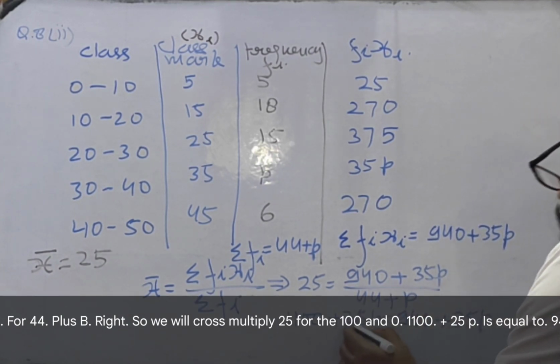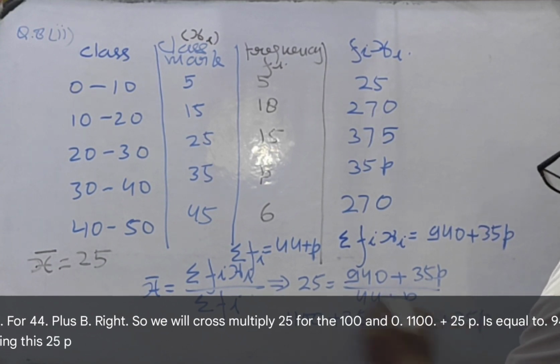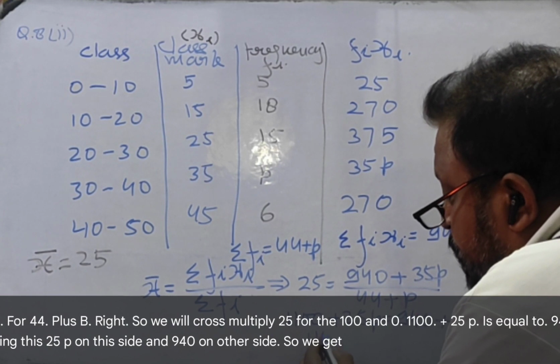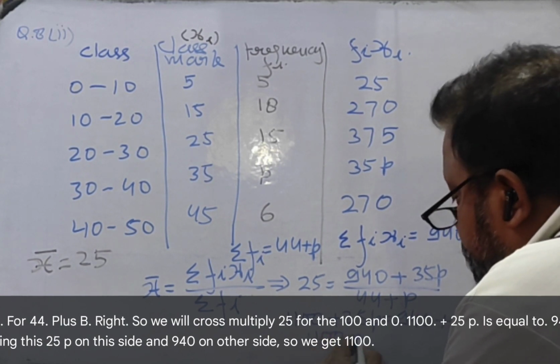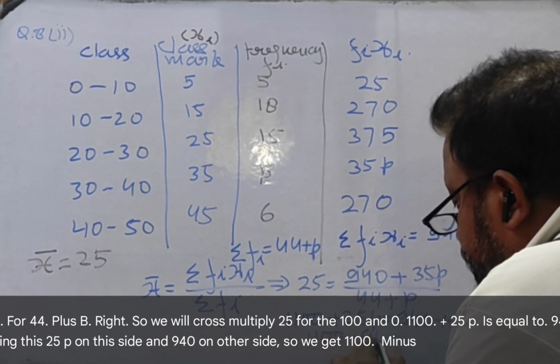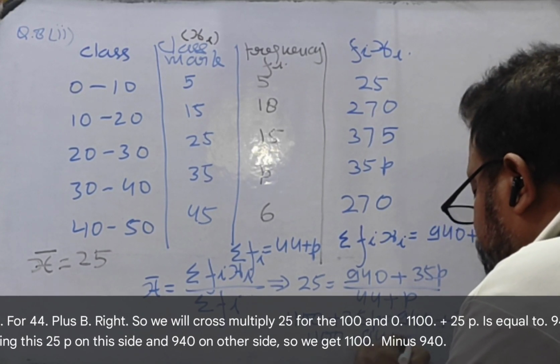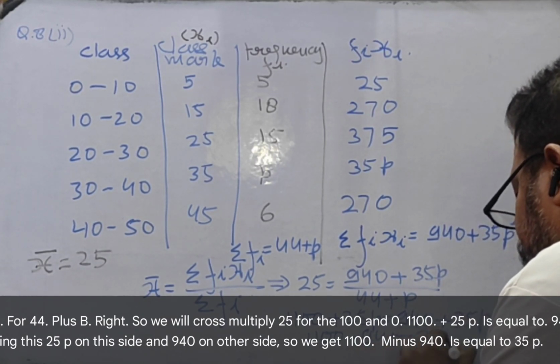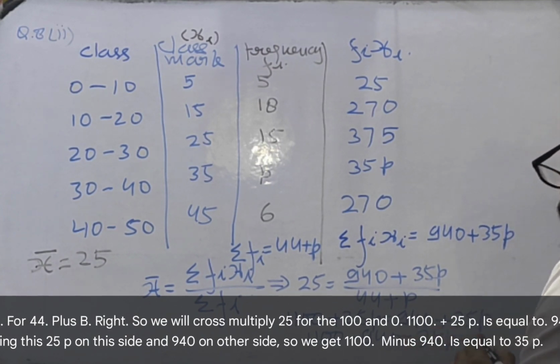Now bring this 25p to this side and 940 to the other side. So we get 1100 minus 940 is equal to 35p minus 25p. Get it?